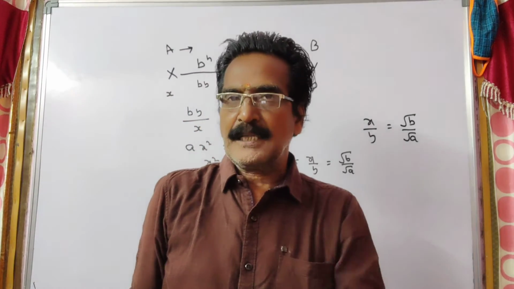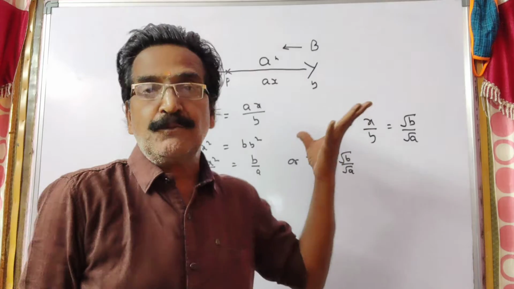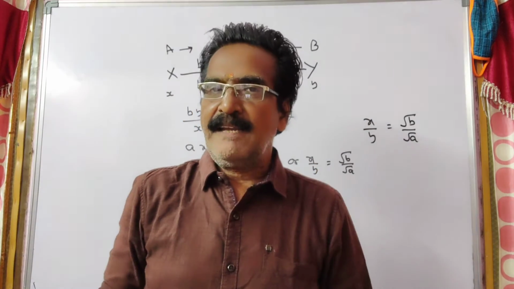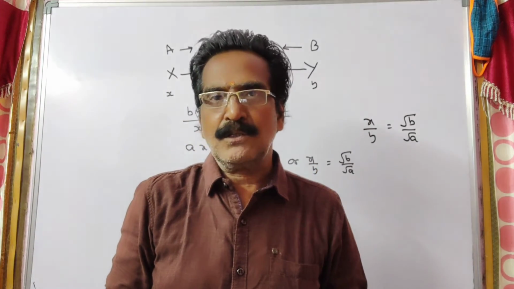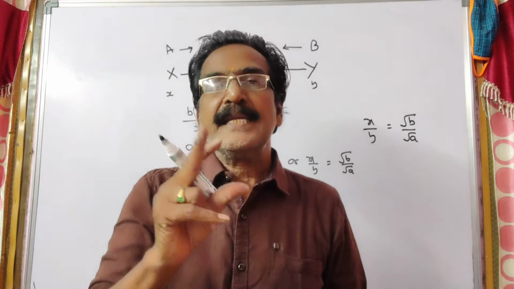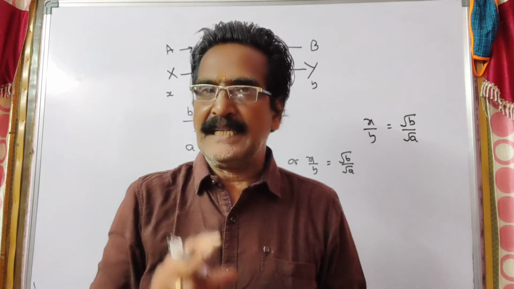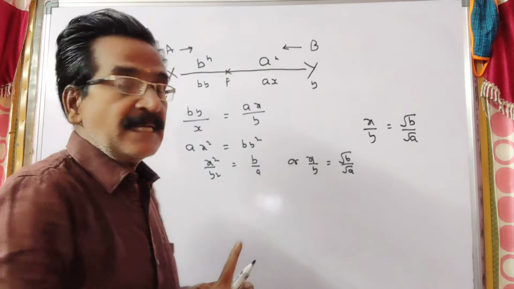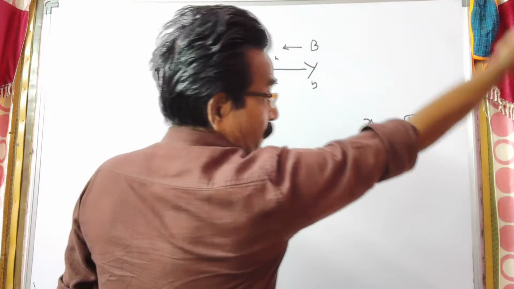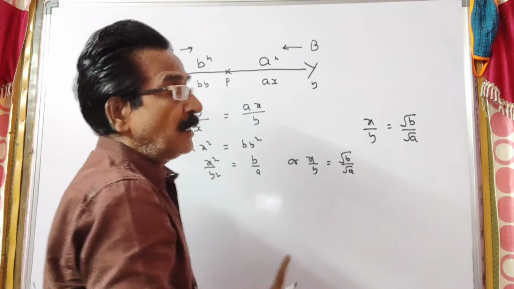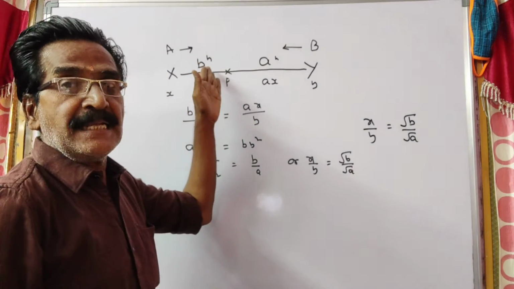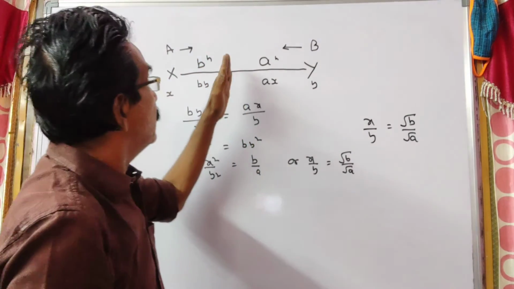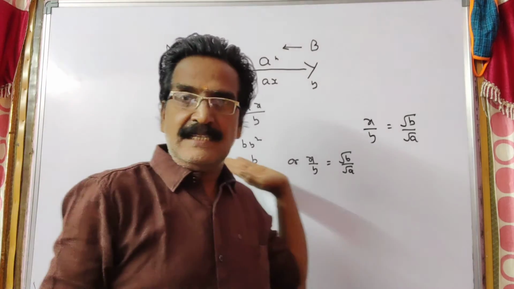So in our further problems, we will straight away use the formula x is to y is equal to root b is to root a. Here you have to remember one key point. That key point is, here A is the time taken to reach the destination, and B is the time taken to reach the destination.